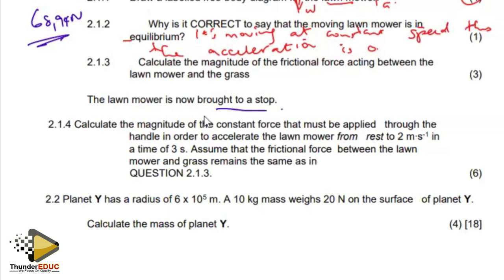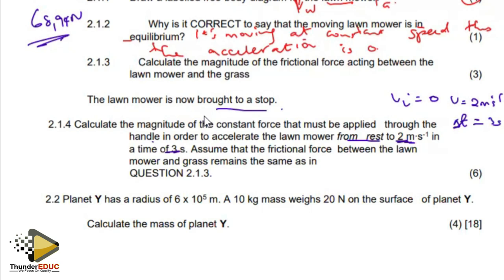Calculate the magnitude of the constant force that must be applied through the handle in order to accelerate the lawnmower from rest up to 2 m/s in a time of 3 seconds. So we have our V initial as 0, the final velocity is 2 meters per second, within a time of 3 seconds.